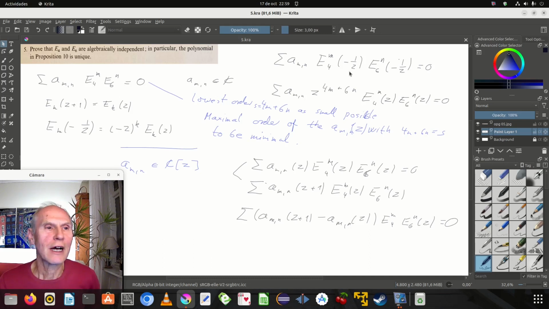And then we use this guy to see that this is also satisfied, and when they equal S, the lowest order, then all the coefficients here are constants, and that means in the original polynomial we can multiply by Z to the S and then subtract them. Then we would get a polynomial of lower order.